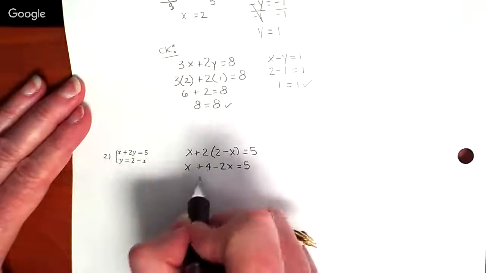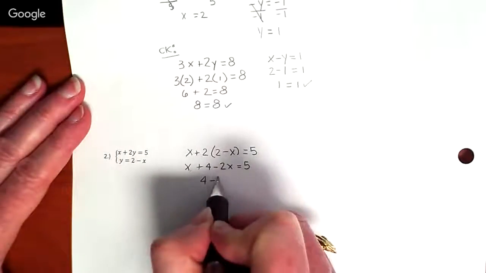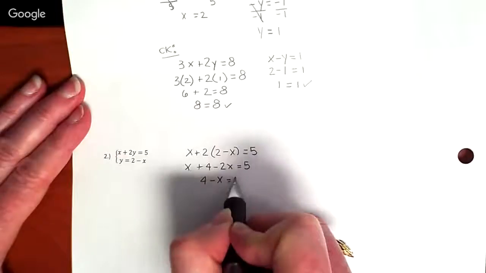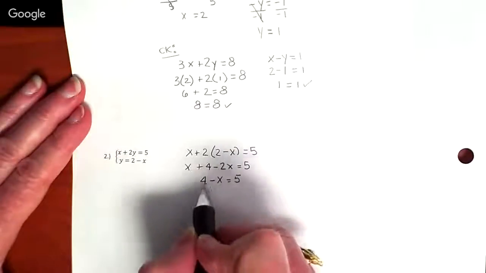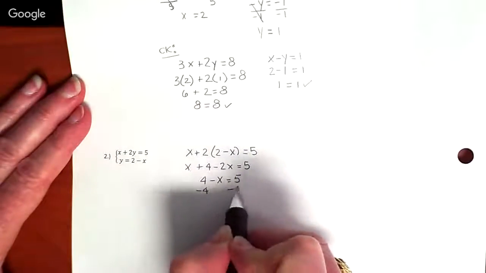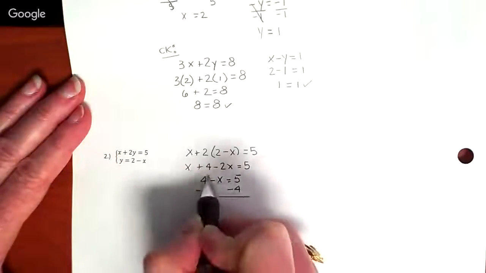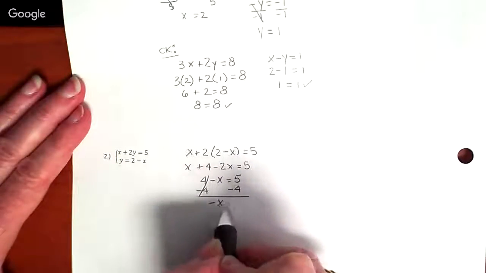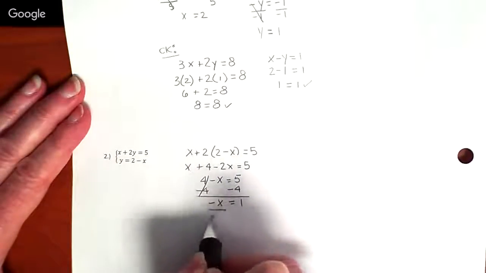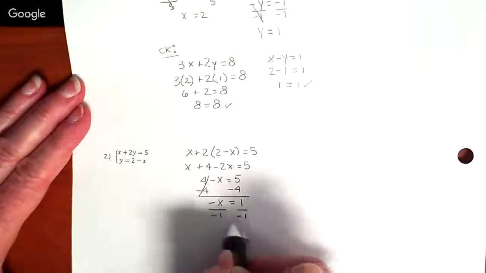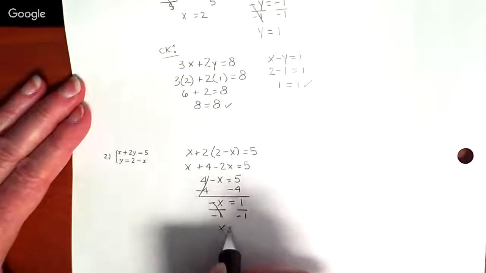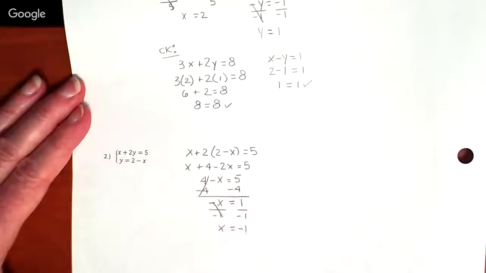Bringing these together, we have 4 minus x equals 5. So subtracting 4 from both sides, we have negative x equals 1. Dividing both sides by negative 1, x equals negative 1.